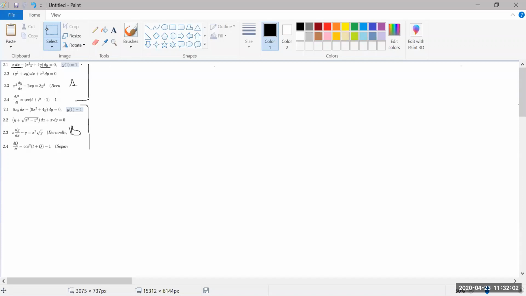Okay, so we can start on 2.3, which we're solving using a Bernoulli method. Okay, so we have x dy dx plus y equals x squared y to the 1/2. Okay, so here in this case, our n is 1/2, meaning our u equals y to the 1 minus 1/2.